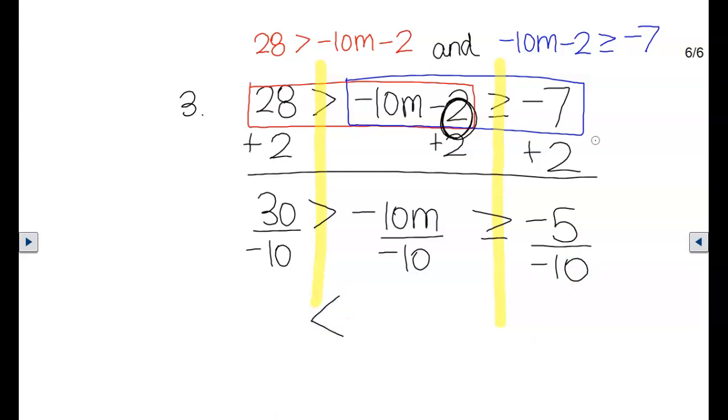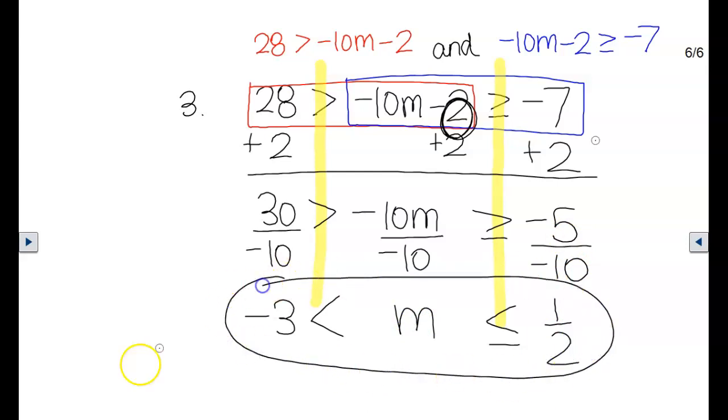So this will go from greater to less, and this will go from greater than or equal to less than or equal to. 30 divided by negative 10 is negative 3. M is going to be alone right here, and then this is going to be a positive 1/2. So right there would be my solution already written in my condensed form.